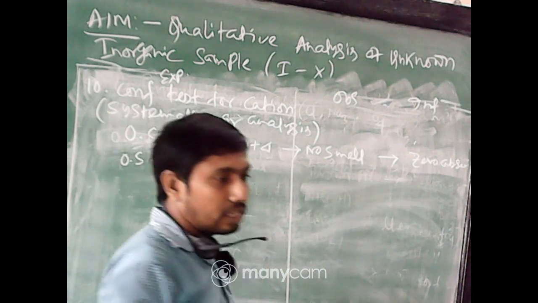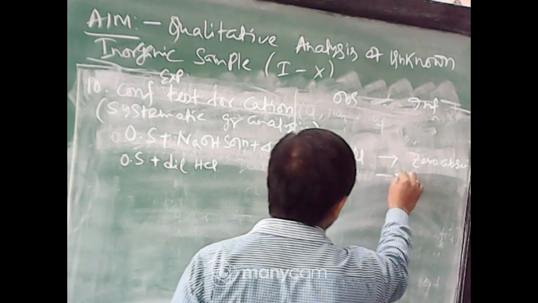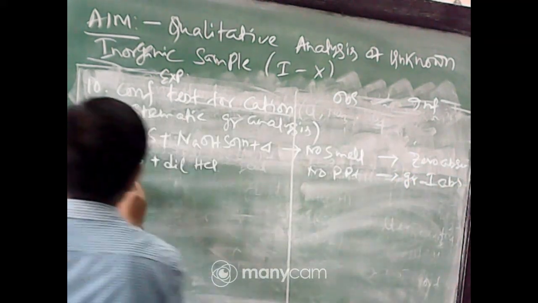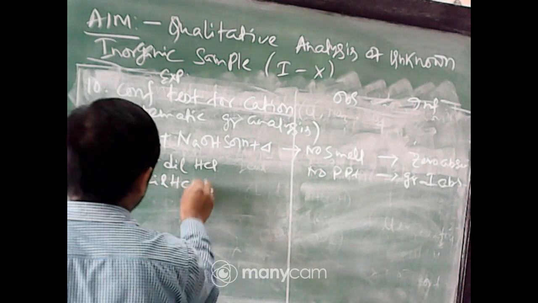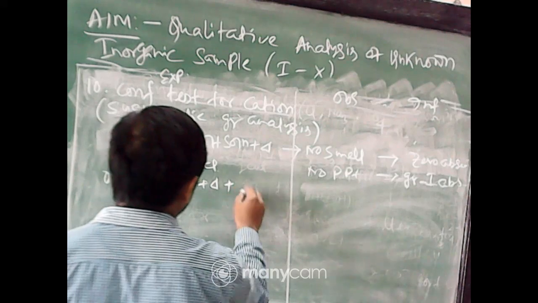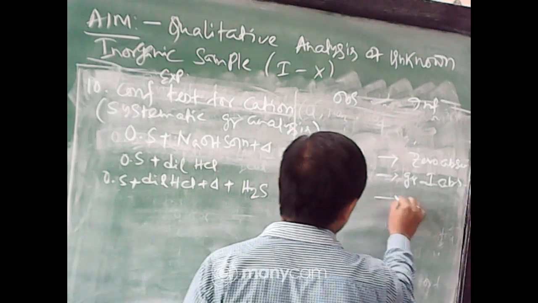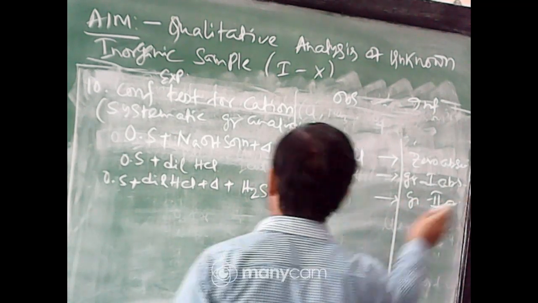As we are considering group 6, here it will be no PPT, group 1 absent. Next, OS plus dilute HCl plus heat plus H2S gas. No PPT. The inference will be group 2 absent.